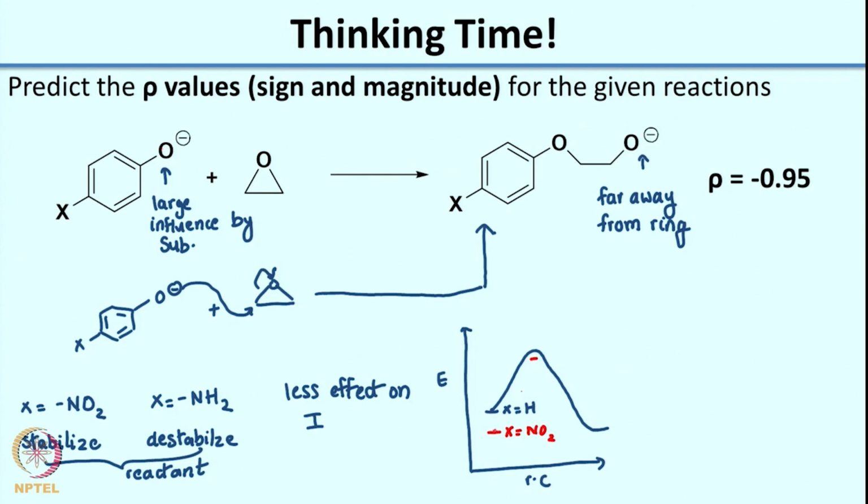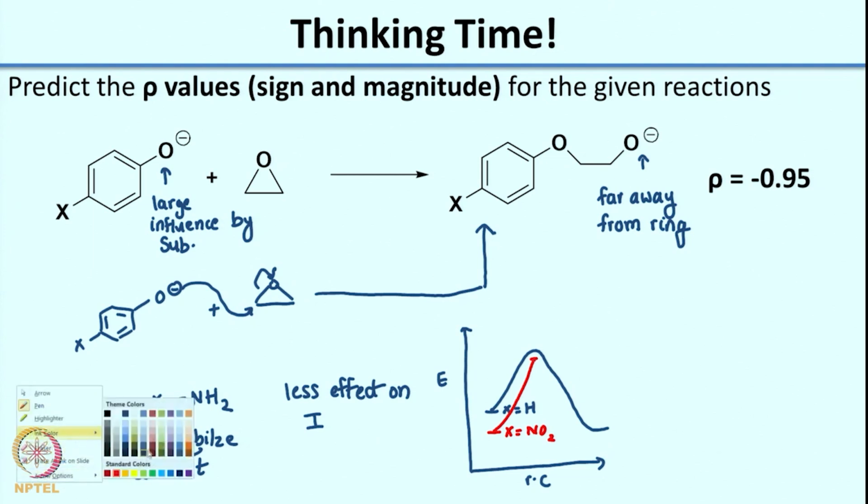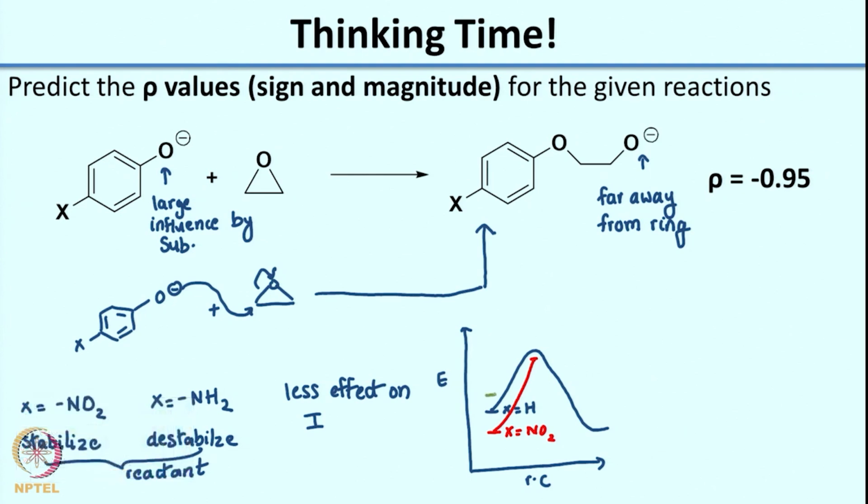So if I were to draw the reaction coordinate, that is what I will get. And now if I take X is equal to NH2, this is destabilized, let us say this corresponds to NH2. Here the destabilization is lesser, so this is what it would look like.